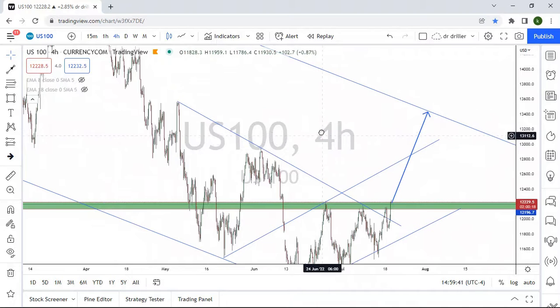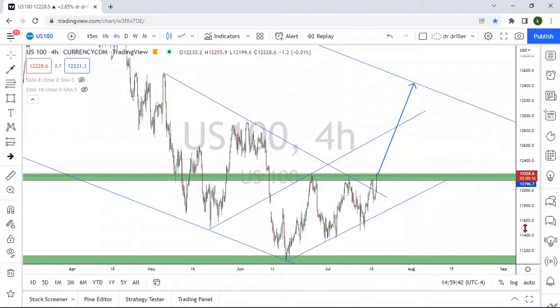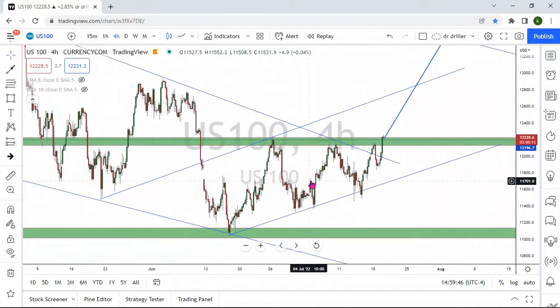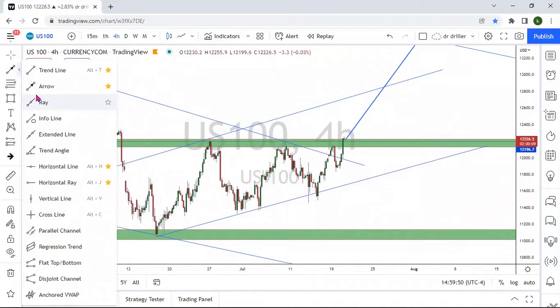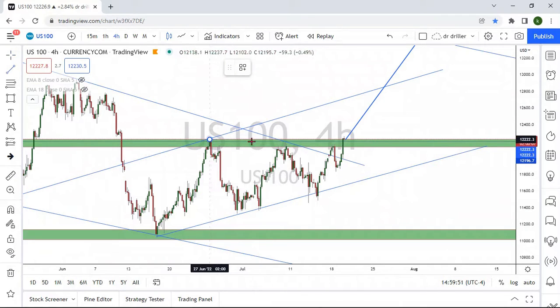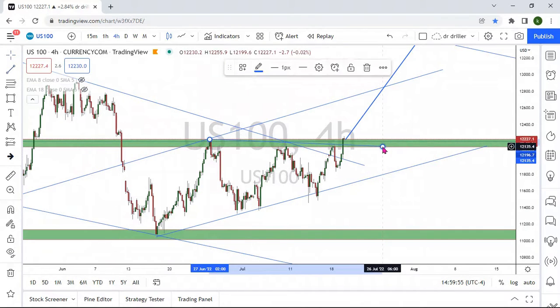Looking closer into this market, you're able to see that the market broke above, and there are 3 touches over here. Let me just cater for these 3 touches.